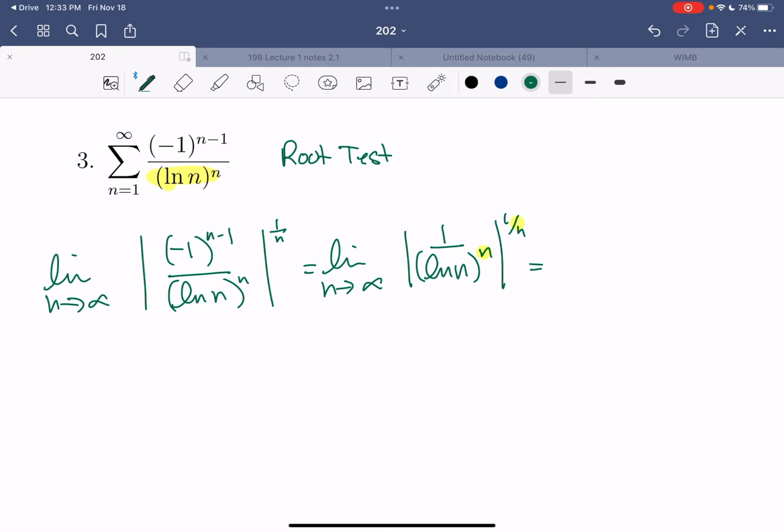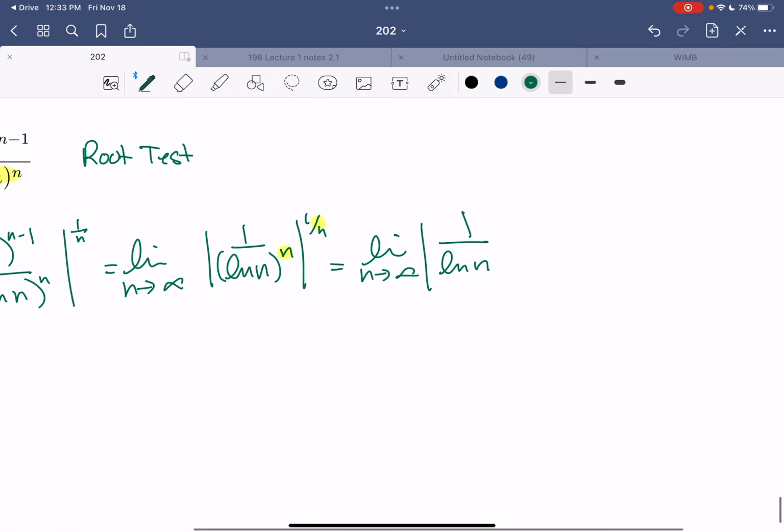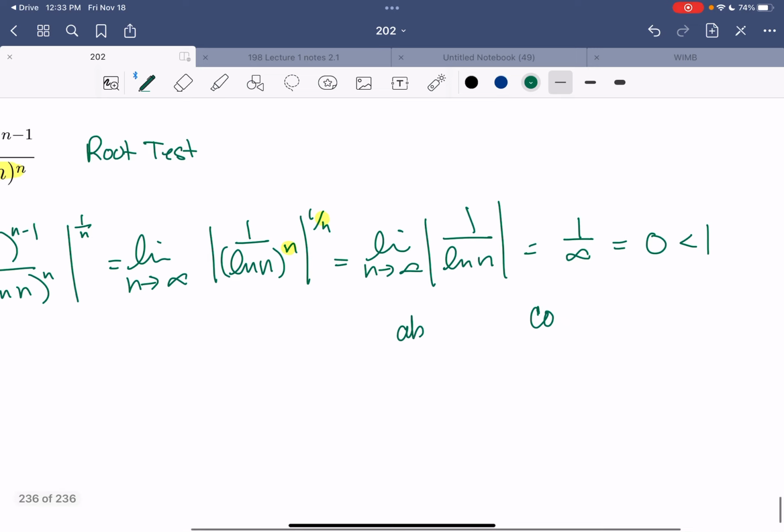So when you multiply those, that becomes 1. So this is the limit as n goes to infinity of the absolute value of 1 over ln of n. And when you take n to be infinity, this is 1 over infinity, which is 0. This is less than 1. Therefore, this is convergent, absolutely convergent, by the root test.